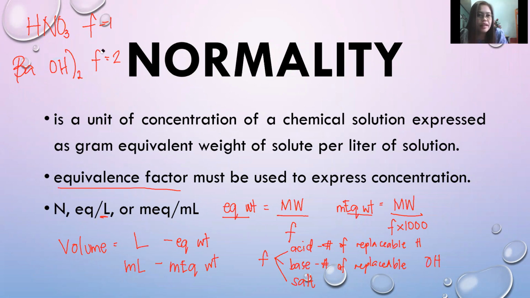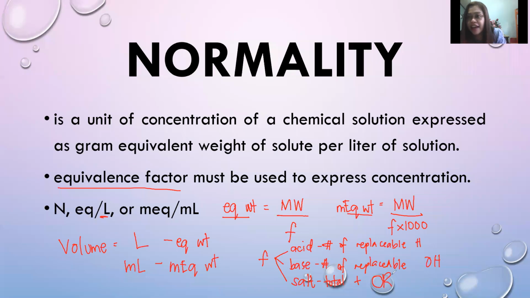Now, let's have the salt. With a salt, you cannot see hydrogen, and you cannot see OH in it. So how will you know the F for the salt? It is actually the total positive, again, total positive, and take note of the word or.